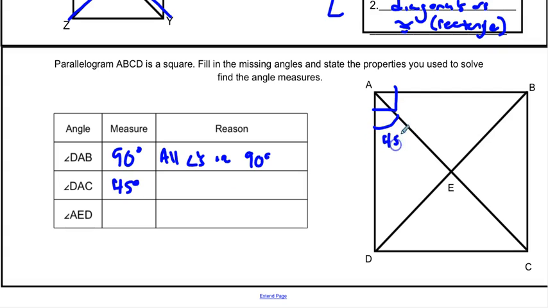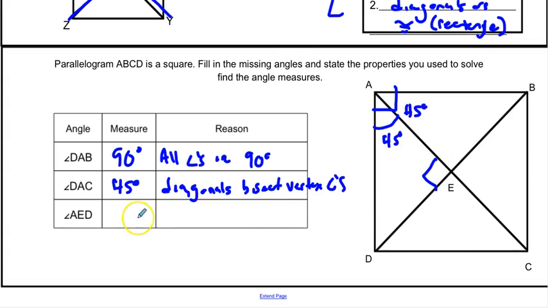We said that earlier. This is 45, this is 45. And how did I know that was 45? Well, that's going back to a rhombus property, and that's diagonals bisect vertex angles.